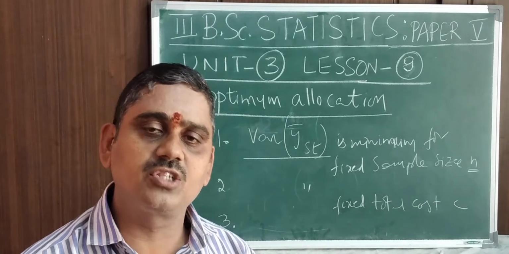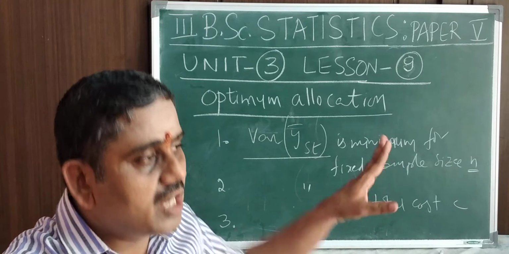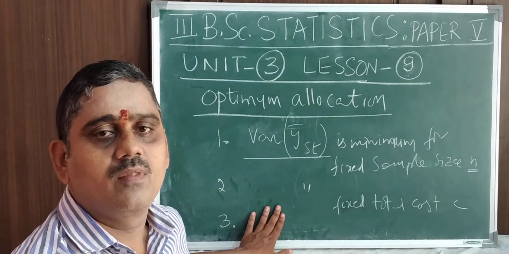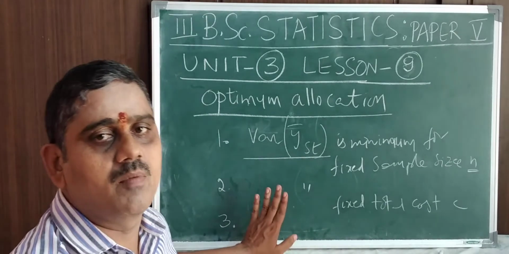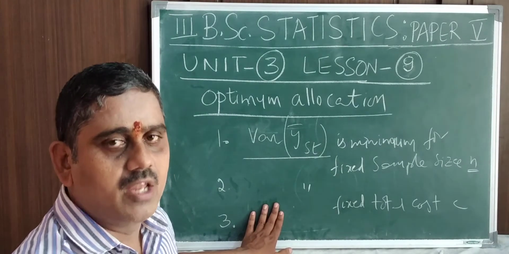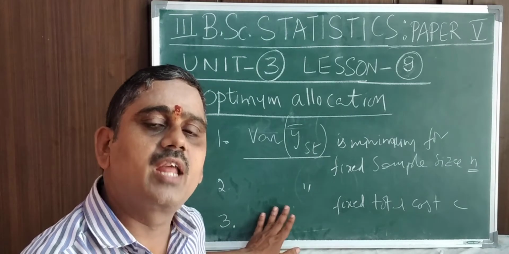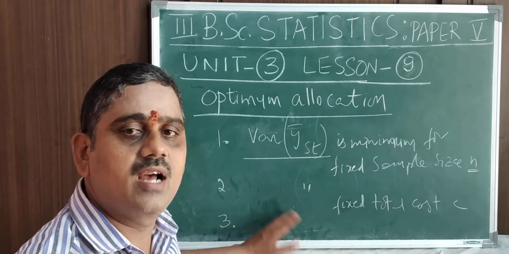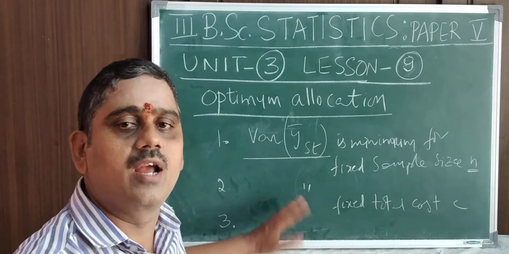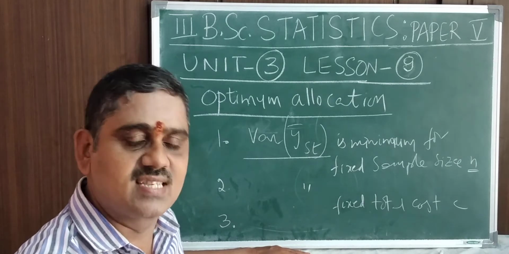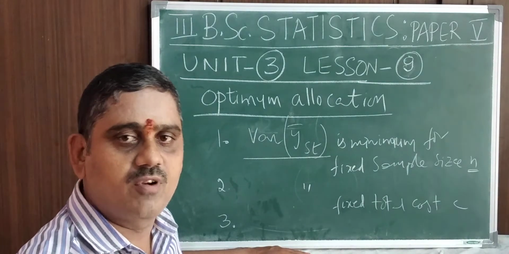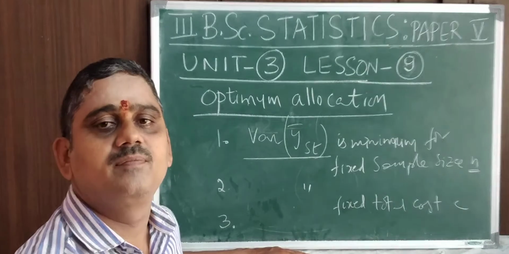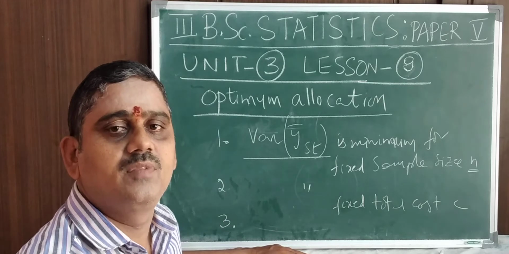These are the three particular rules. If you remember, you can easily explain this. By using these three principles, sample sizes are allocated and taken from various strata in this fashion.